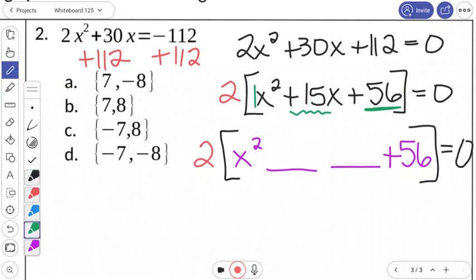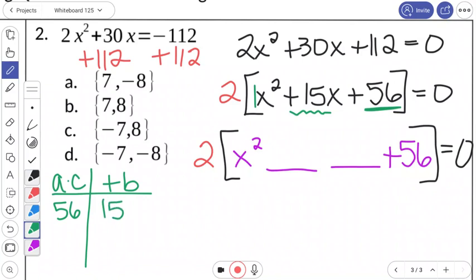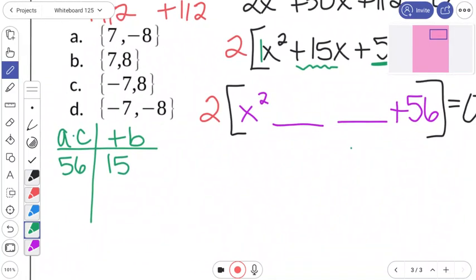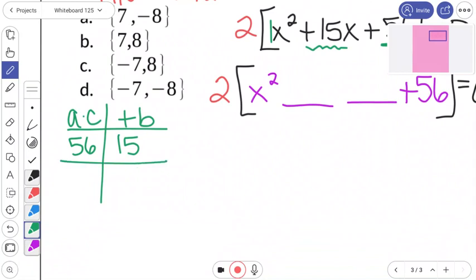So let's create our table. We need a times c, and we want those factors to add to make b. So what is a times c? 1 times 56 gives us 56, and our b value is a positive 15. So what are the factors of 56 that we can think of off the top of our head?